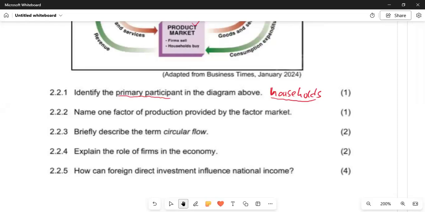Briefly describe the term circular flow. So circular flow is the continuous flow of spending, income, and goods or services between sectors.